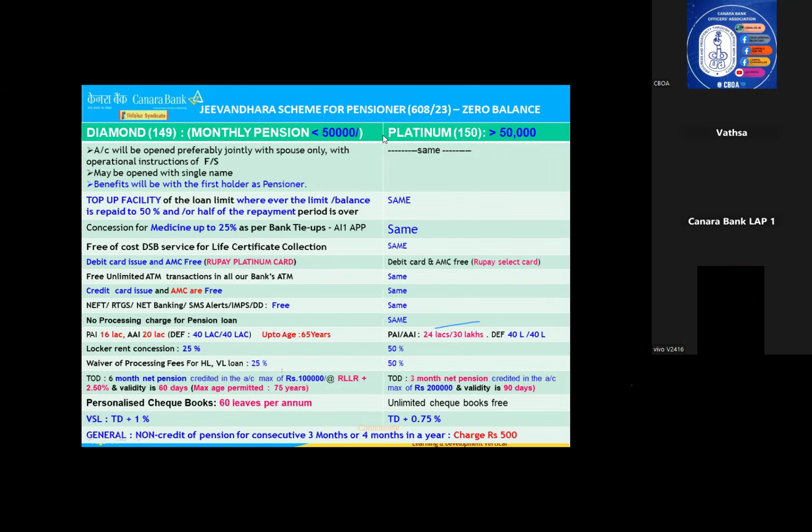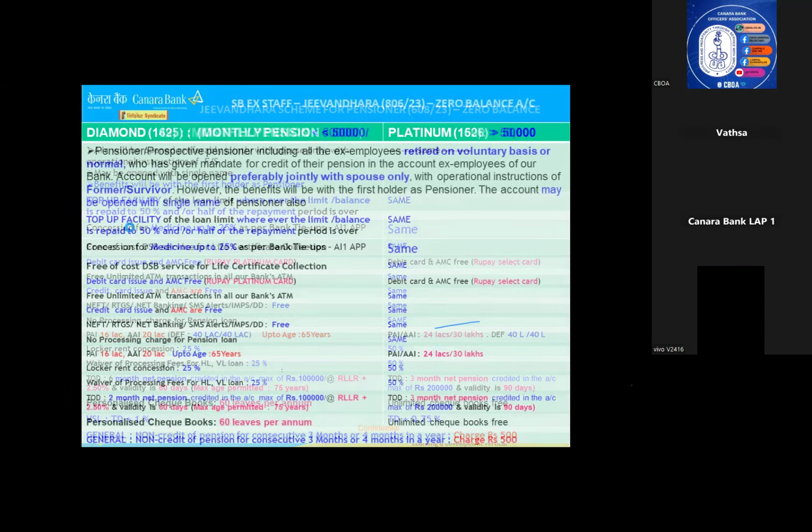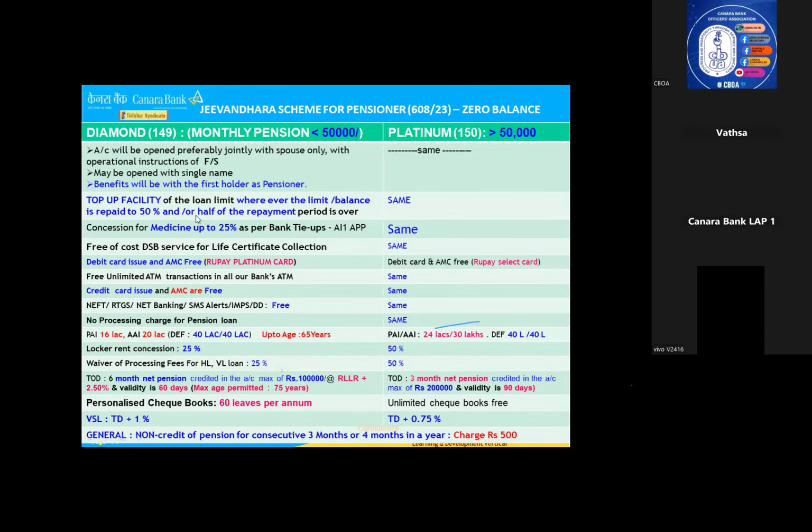Okay. The second question you can expect is the loan limit: how much can be given, 50% or half of the repayment period. When they get the pension loan and have cleared 50%, they can get another 50%. A second loan can be availed. That is what is told here.